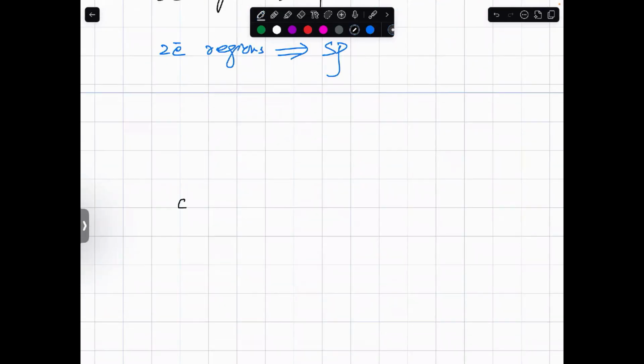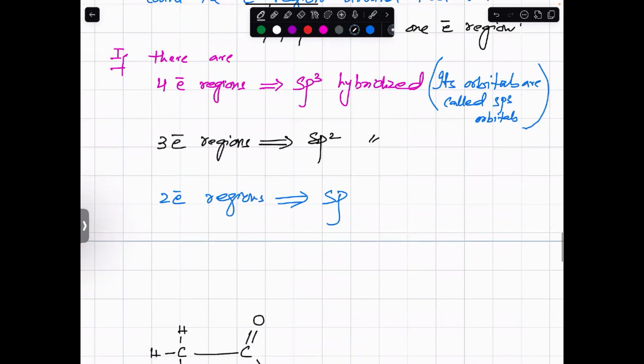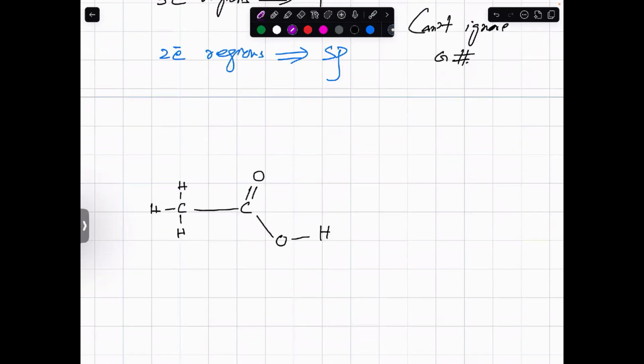For example, CH3, C double bond O, OH. First, you can't ignore group numbers. Keep that in mind. The group number of carbon is 4.